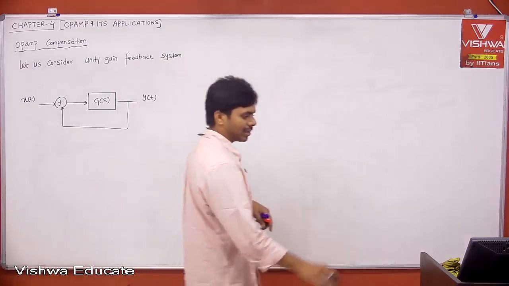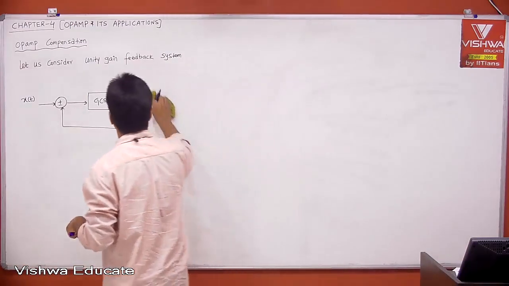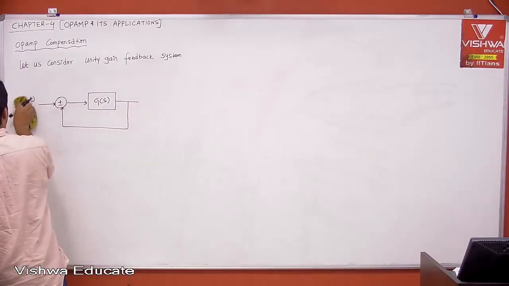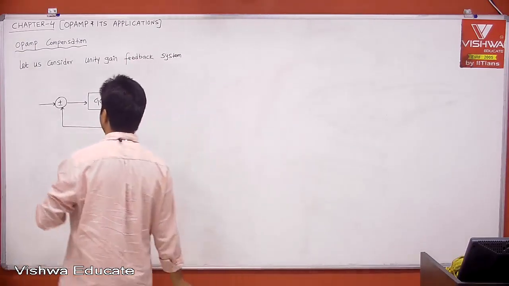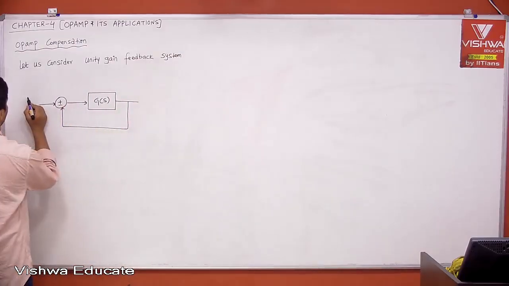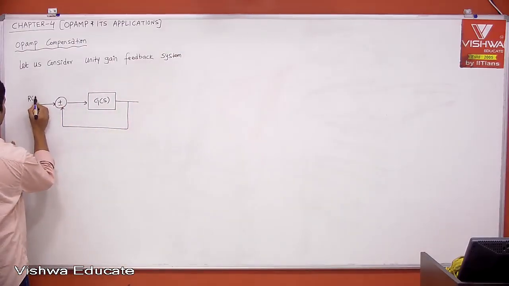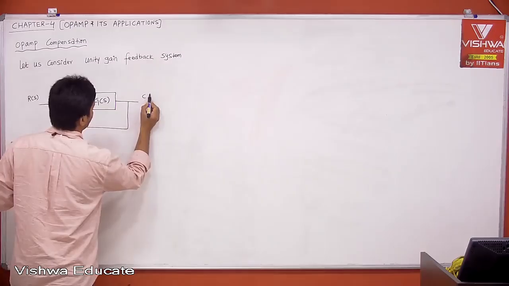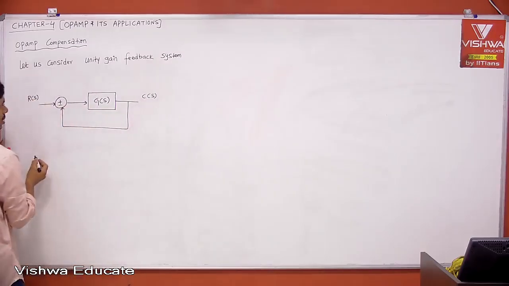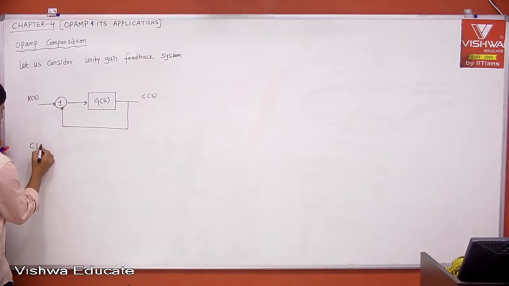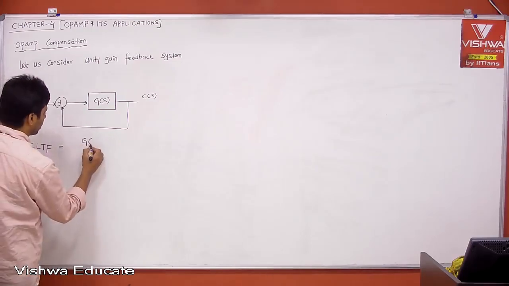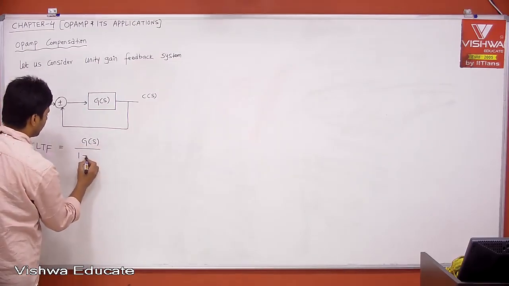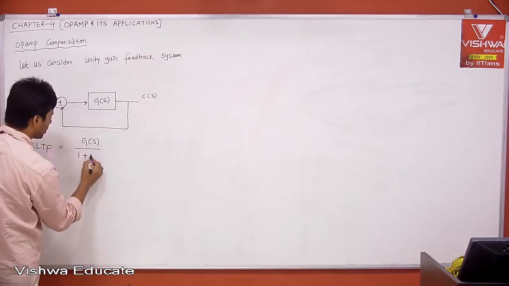Everything in S domain, therefore this is x of s and then y of s. According to control systems, this is R of s and this is C of s. Then what is your closed loop transfer function? Closed loop transfer function is equal to G of s divided by 1 plus G of s into H of s. H of s is 1.